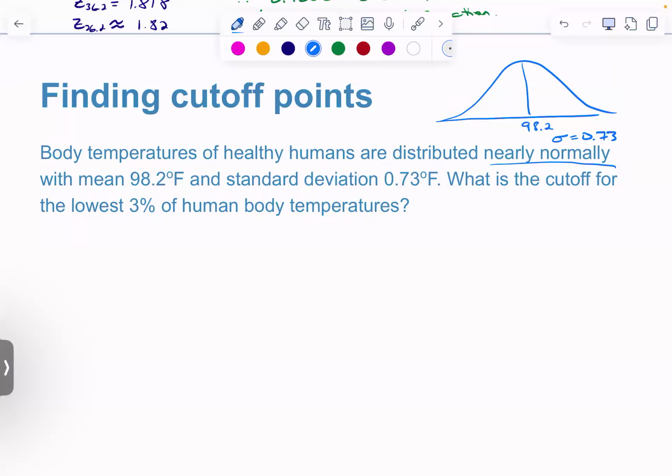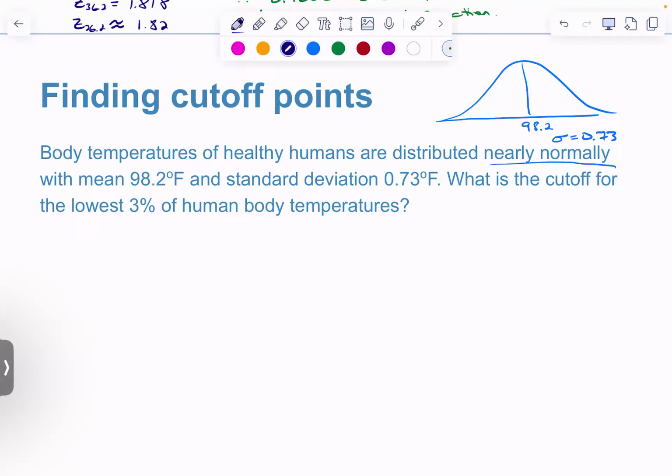Just grab all the information that you get and put it on a graph somewhere. What is the cutoff for the lowest 3% of human body temperatures?